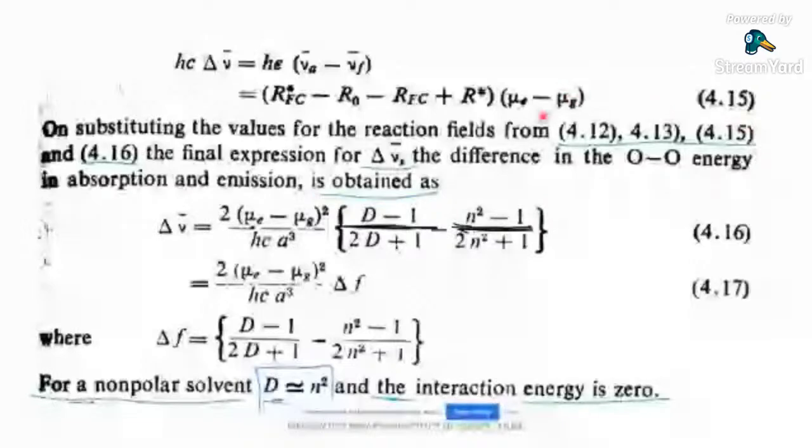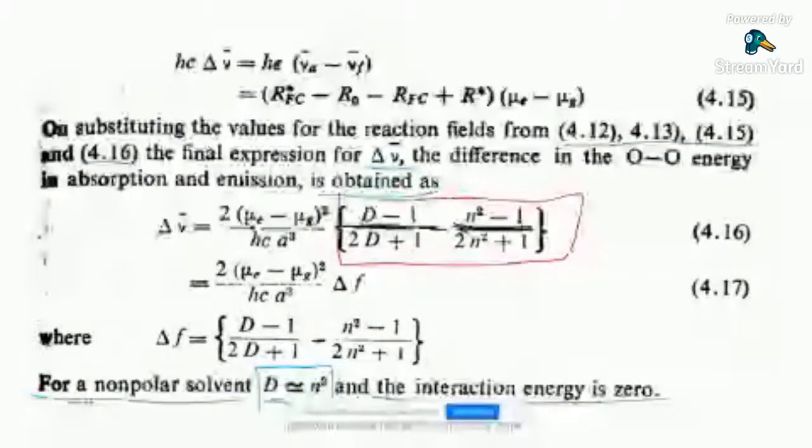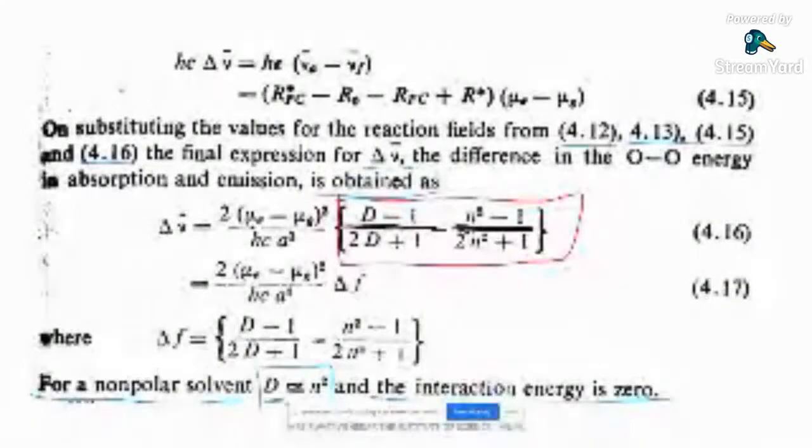Just combine all these equations and you will come to this equation. So this is equal to, again, the factor of, and the factor for this is del f. So they have taken the value for that as del f.